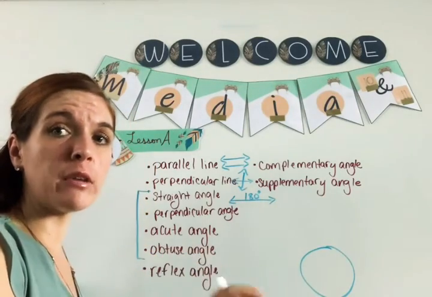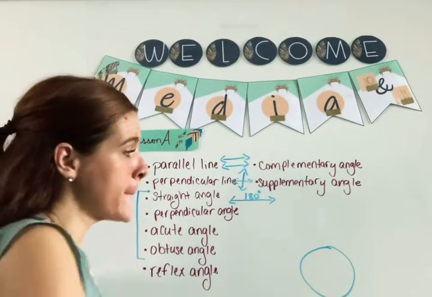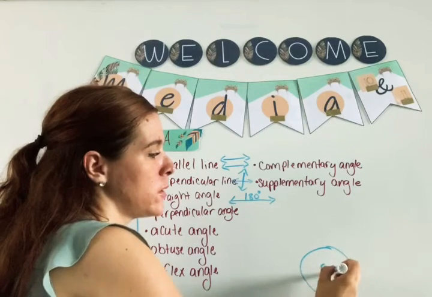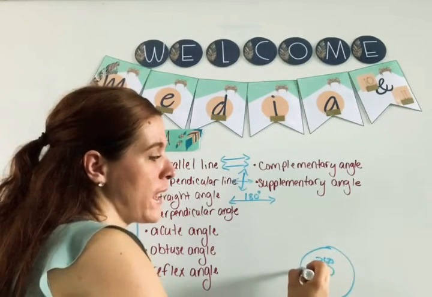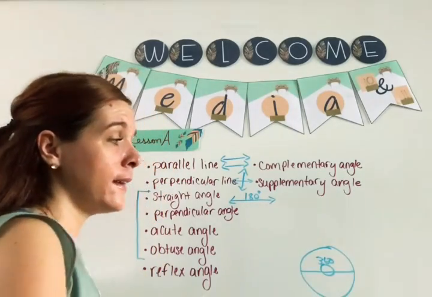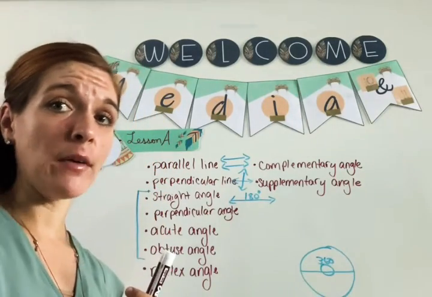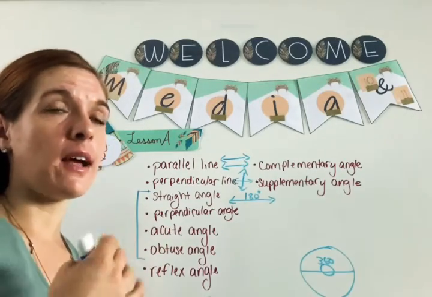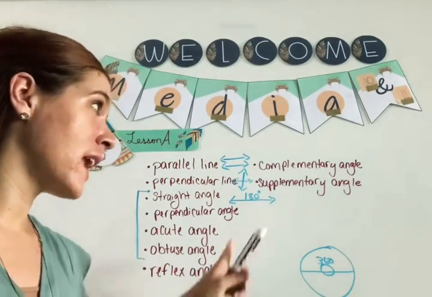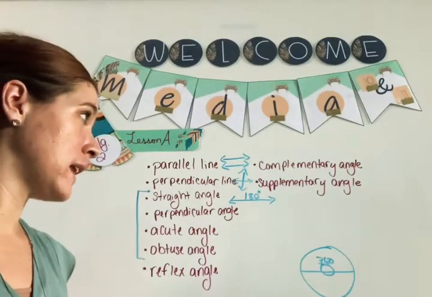A circle has 360 degrees. So inside that circle is 360 degrees. If you make a straight angle, that's a straight line across. That's going to cut the circle in half, right? Well, if it cuts the circle in half, what's 360 divided by 2? It's 180, and that's why a straight angle equals 180, okay?